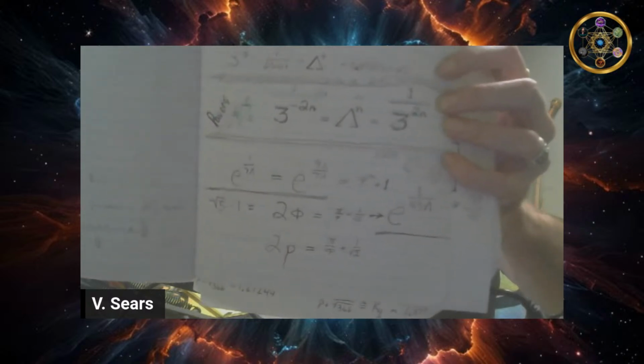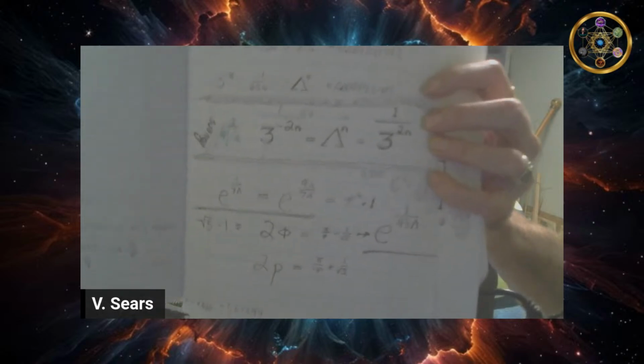So it fits powers of e, brings e into the phi and pi mathematics that I've been introducing. Yes. And you can see e to the 1 over 43 lambda is 2 times phi, or the square root of 5 minus 1. So this whole system goes into e, sacred geometry, powers of 3 into the nanoscale.